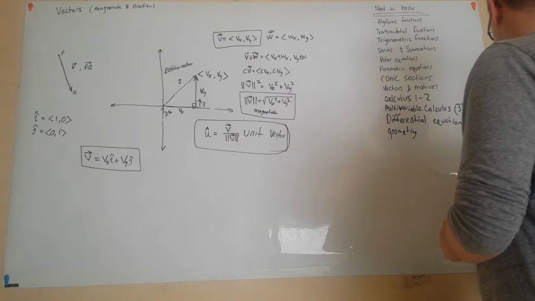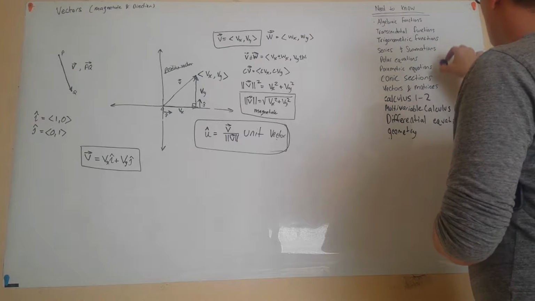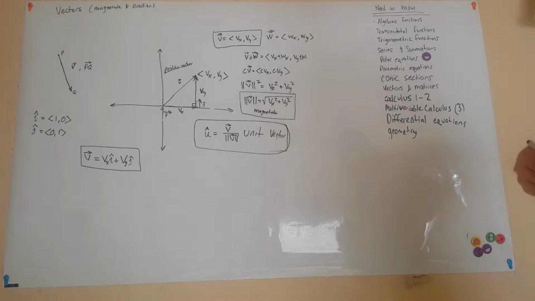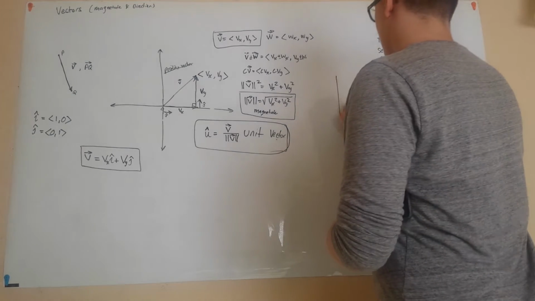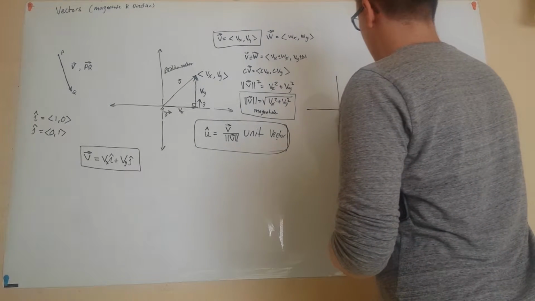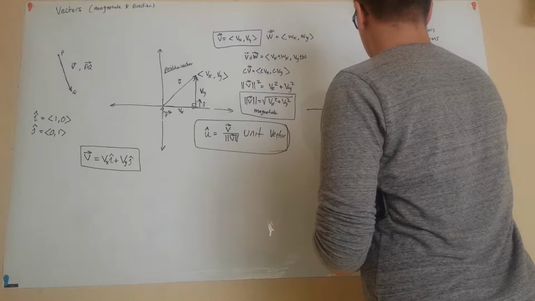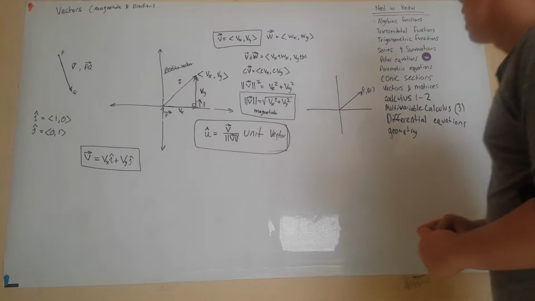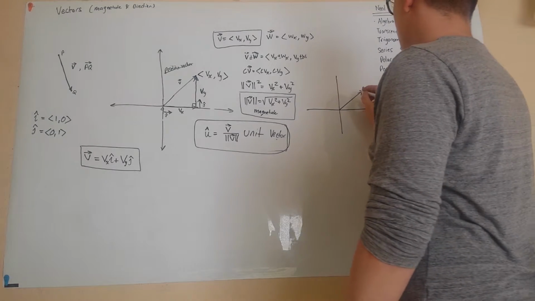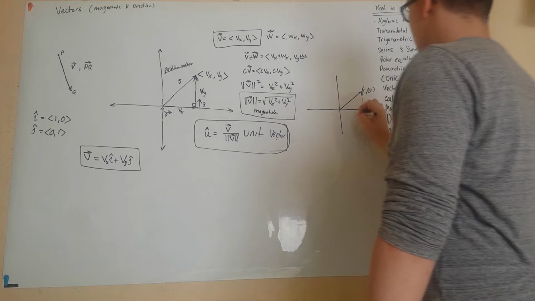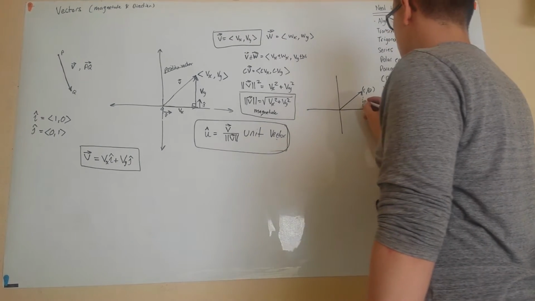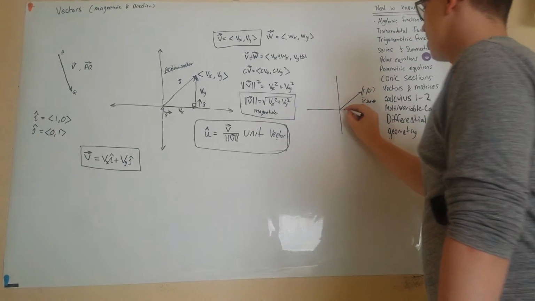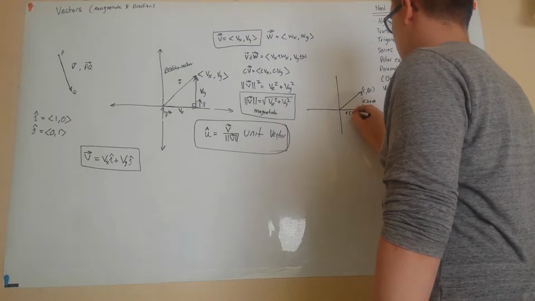So let me just put polar equations in there. If you know polar coordinates, you know it's going to be r comma theta, right? And this would just be r sine theta, the y coordinate, and the x coordinate is r cosine theta.